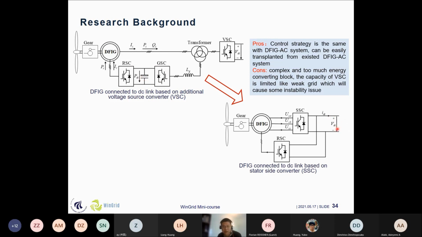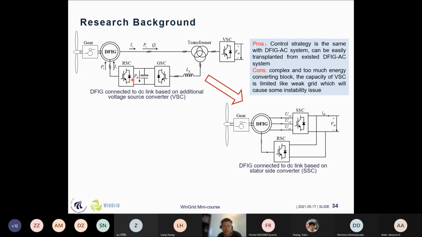Okay, so we make a transformation from this topology to this topology. This one is connected to the stator side converter. We call it a stator side converter, not a grid side converter, since there is no AC grid anymore for this topology.